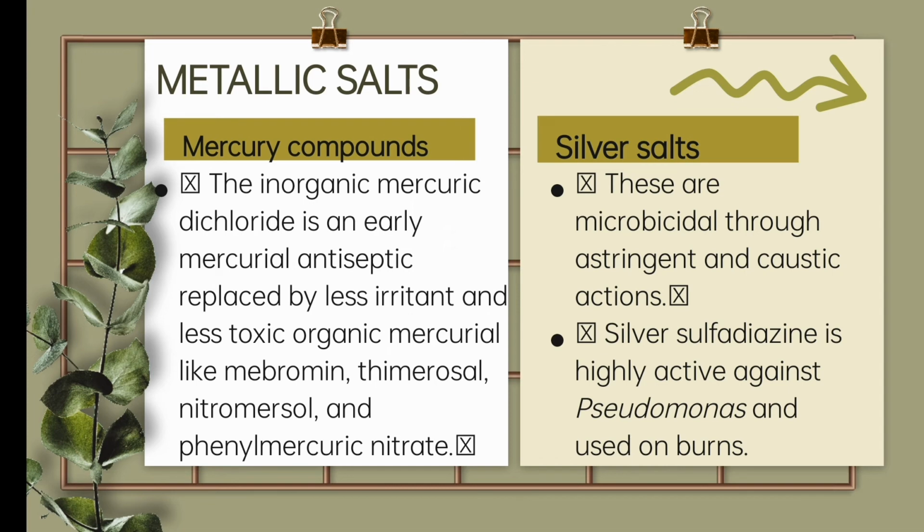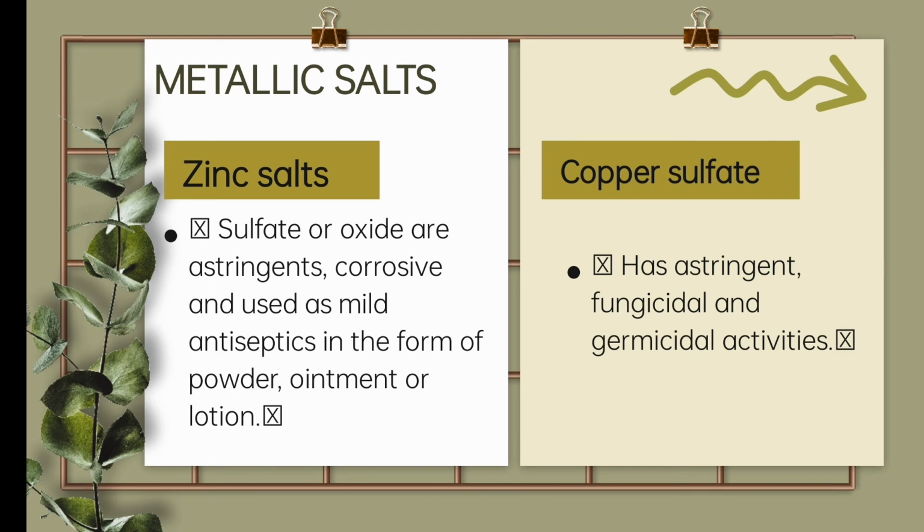Silver salts are microbicidal through astringent and caustic actions. Zinc salts, sulfate or oxide, are astringents, corrosive, and used as mild antiseptics in the form of powder, ointment, or lotion, while copper sulfate has astringent, fungicidal, and germicidal activities.